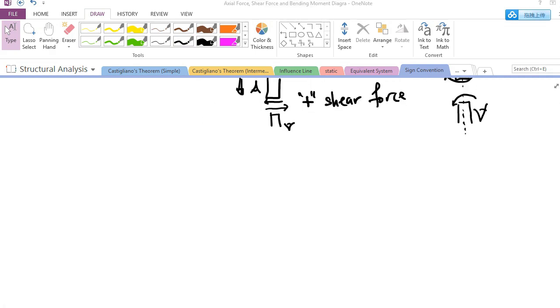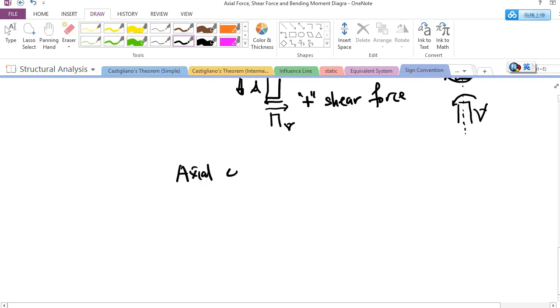I want to do a summary first. For axial force and shear, the sign convention is important, because there is no contradiction. If you say that this is a positive shear, we all can draw it.